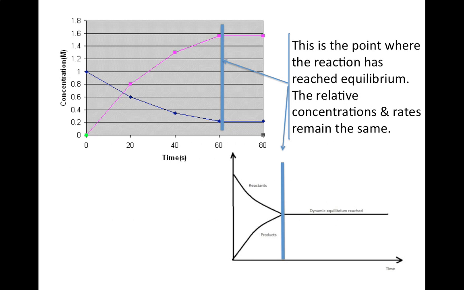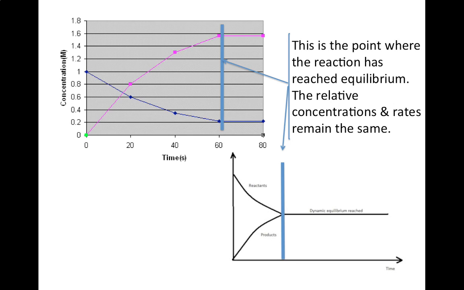If we take a look, we can sometimes draw our rates this way and figure out where the equilibrium is. So as I go with time in seconds on the x-axis, concentration in moles per liter on the y-axis, the point where they reach equilibrium is where the lines start evening out, when the rate is not changing.